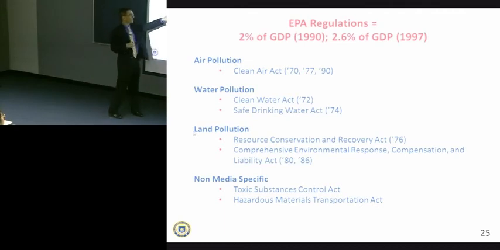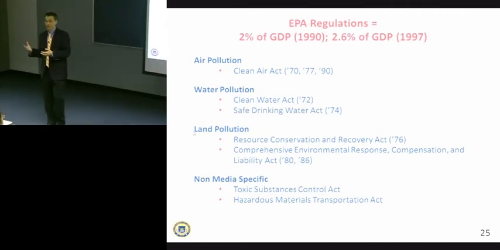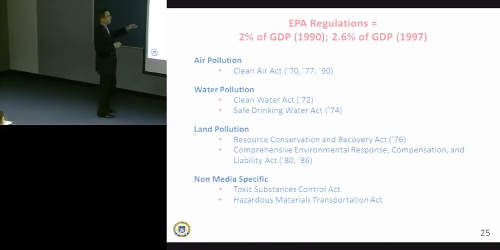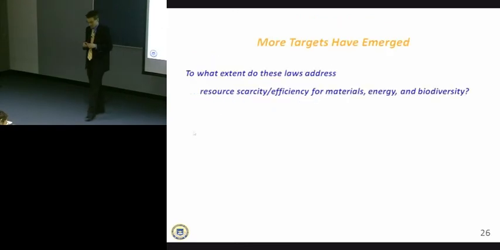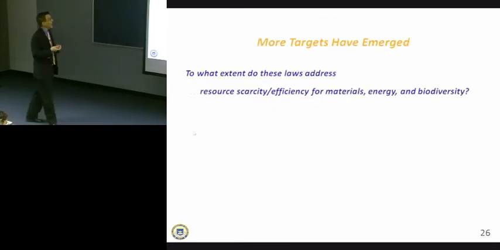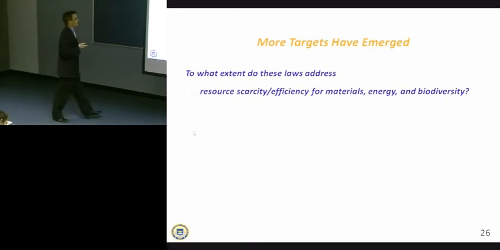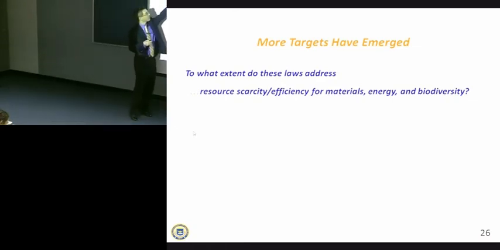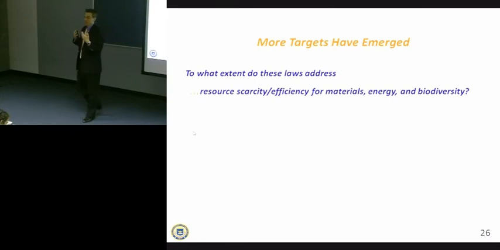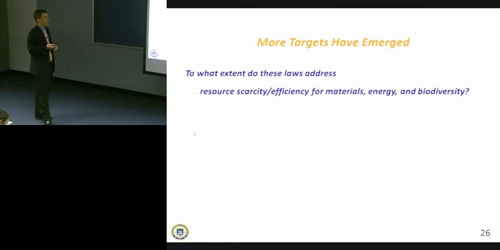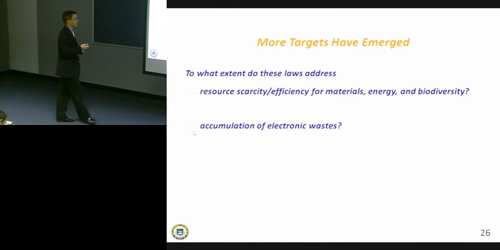The Resource Conservation and Recovery Act does a lot to track wastes from cradle to grave, but not a whole lot to prevent the generation of waste. And one thing you could ask is, to what extent do those laws address resource scarcity, efficiency, protection of biodiversity, the accumulation of electronic waste?